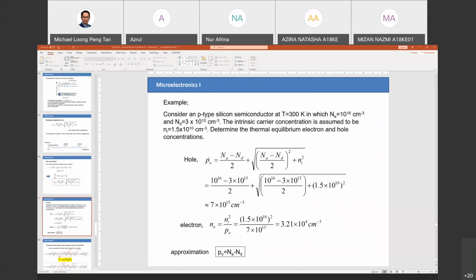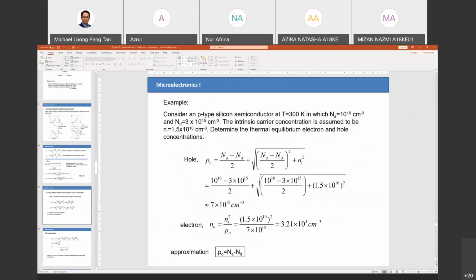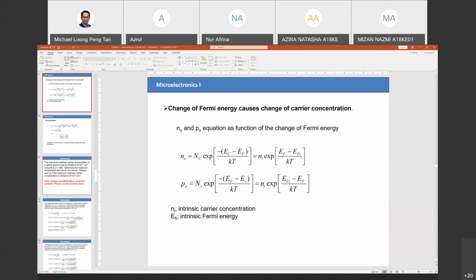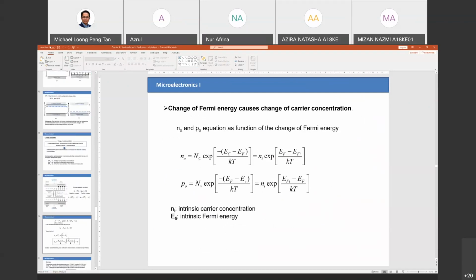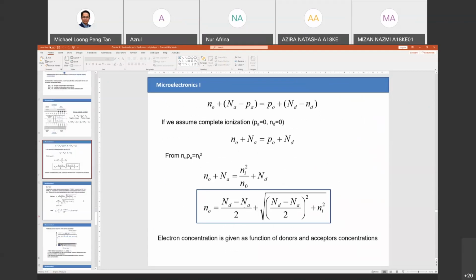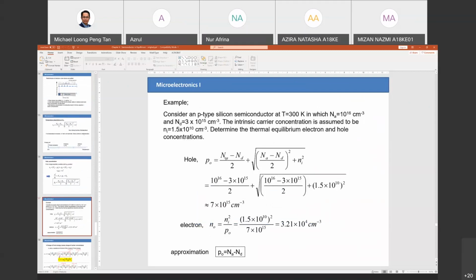So now you know that NOPO is what you learn, which is coming out in your test one. This NO and PO, confirm, no problem. You must understand this. But later on, you have another NO and PO equation, which is for the compensated case. This is the derivation step that they show. In the end, you'll get another NO equation where you put the donor and acceptor, and you get another one called PO, which is Na minus Nd. So now you got two ways of writing your NO and two ways of writing your PO.